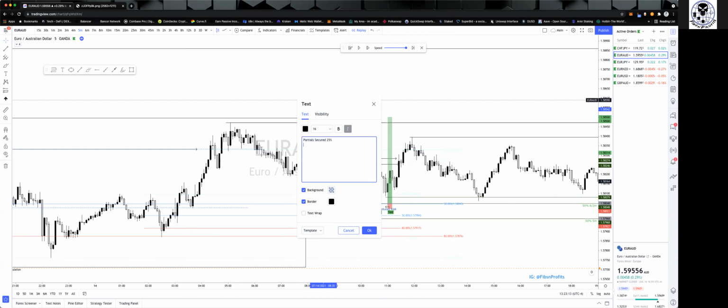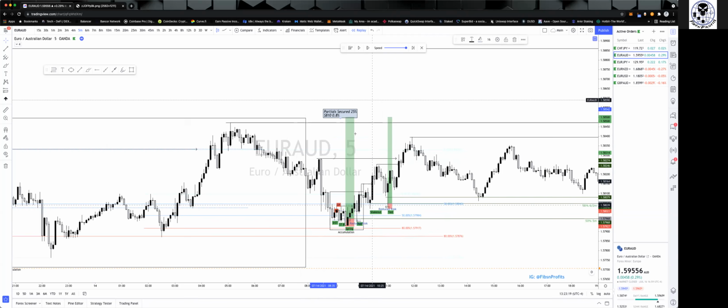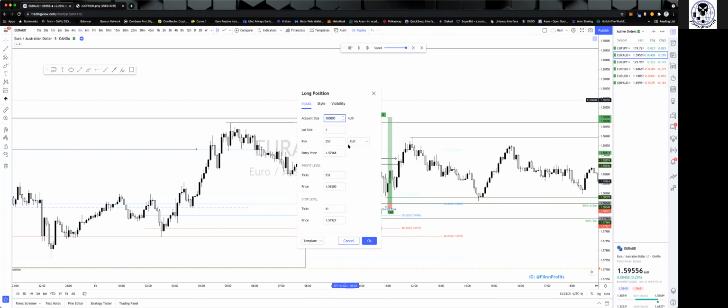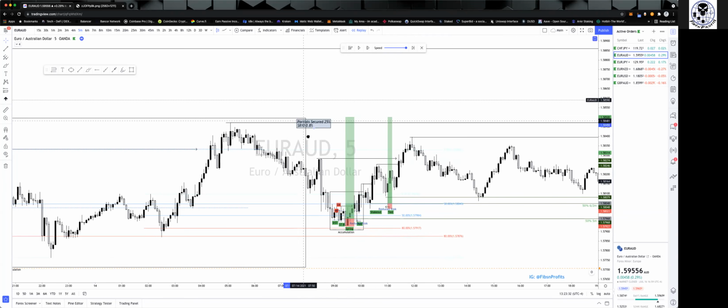And I secured $810 or 0.8% on this order here. And now what that left me with on this position was simply $187.50 in volume, right? The second order here.